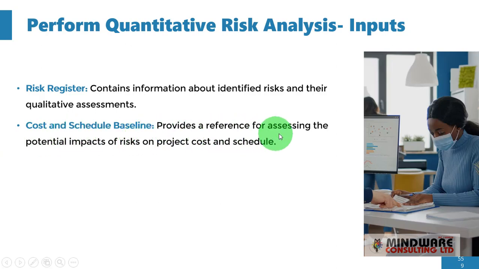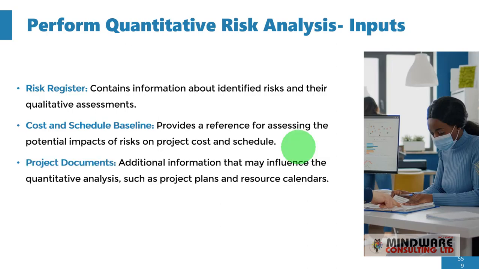Cost and schedule baseline. This provides a reference for assessing the potential impact of risks on project cost and schedule. So you're going to have your project budget handy, and then of course you're going to have the schedule, talking about the duration and how you allocate time resources to each activity. So you're going to have them handy as inputs in this process.